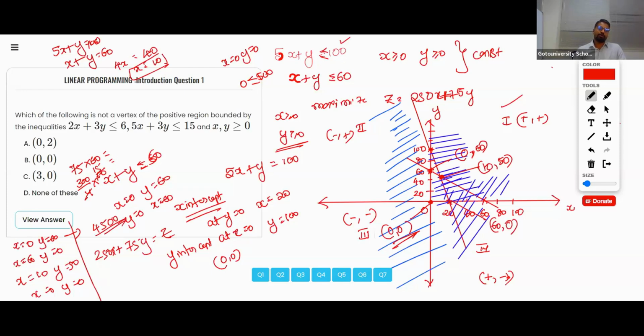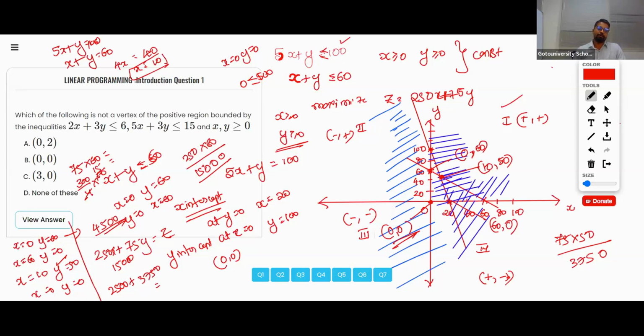Similarly, if you put x is equal to 60 and y is equal to 0, we get 250 into 60. How much is this? It is 15,000. So when you go for x is equal to 10 and y is equal to 50, what happens is 2,500 plus 75 into 50. 75 into 50, we get 3,750.